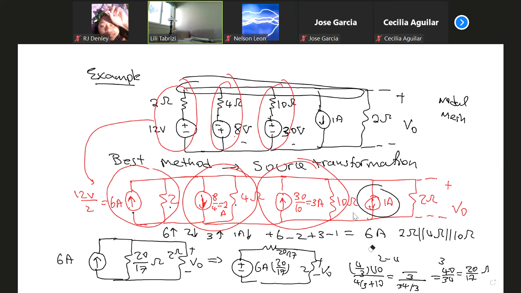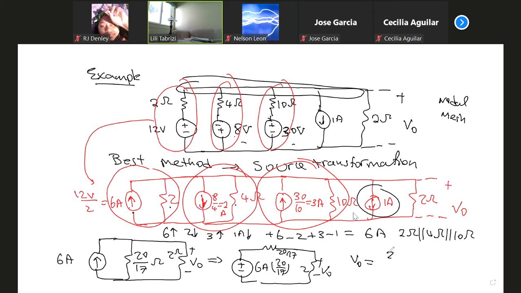After we reduced source transformation, gradually reducing the number of elements, here, from the original 1, 2, 3, 4, 5, 6, 7, 8 elements, we reduced to 3 elements only. So what is V0?